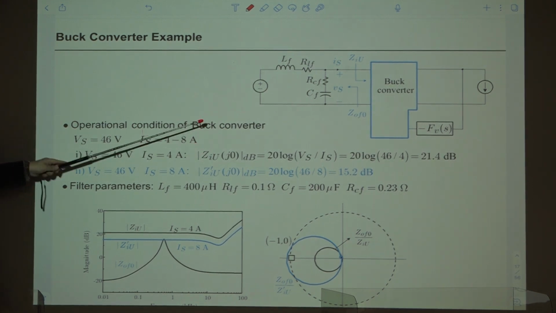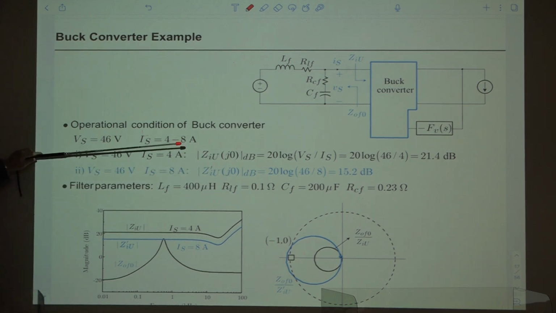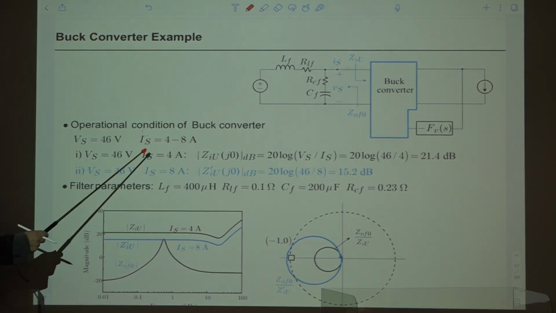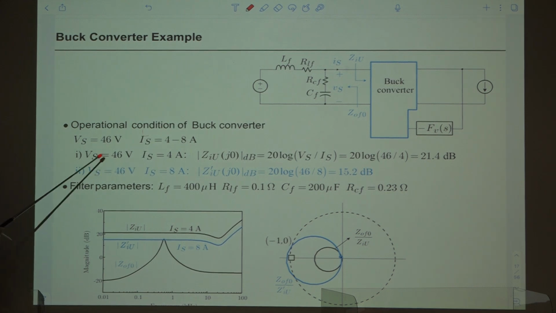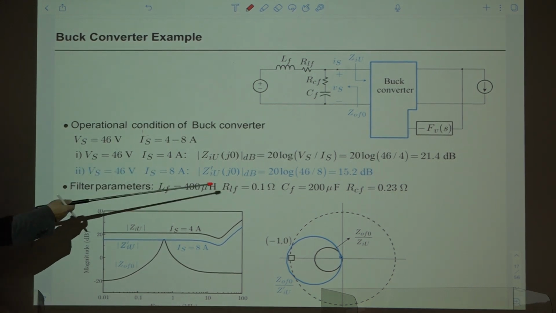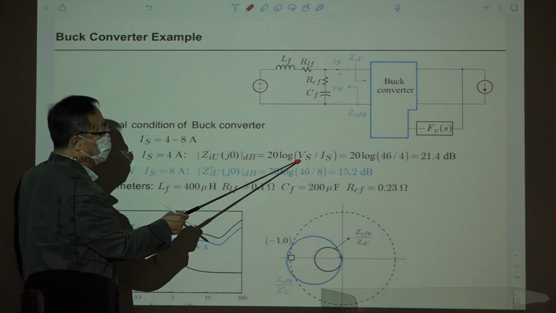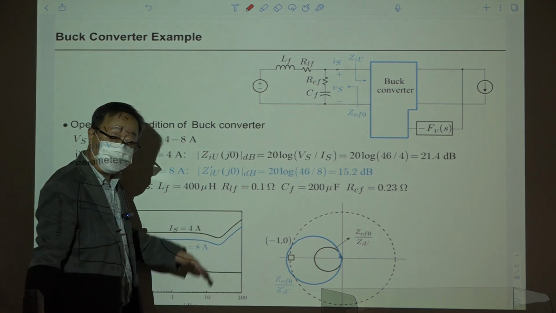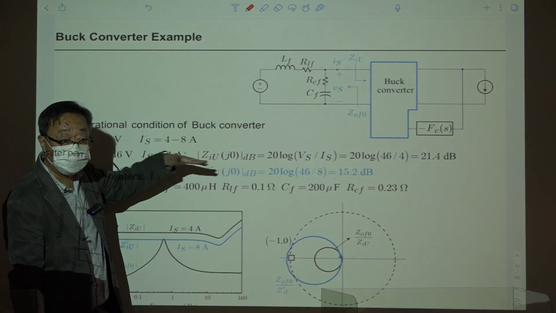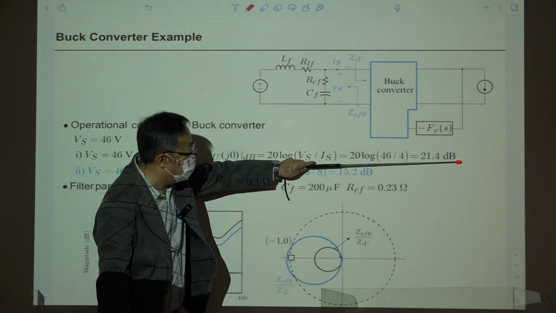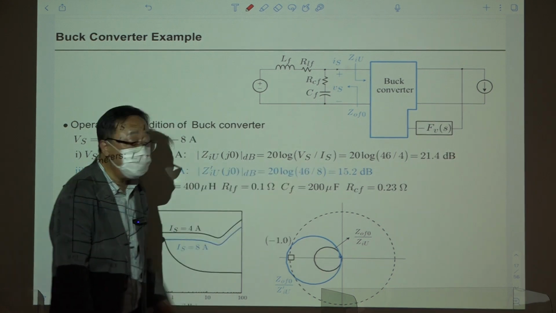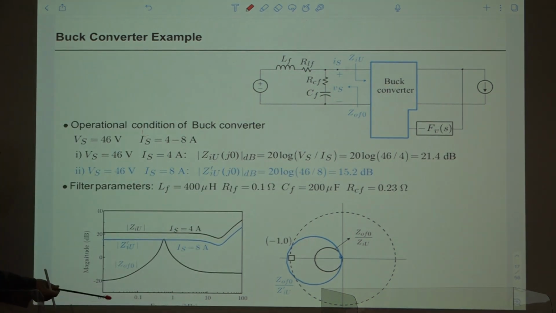Input voltage here is 46 volt, and the DC current is in the range of 4 to 8 amp. So for this case, Vs is 46 and Is is 4 amp. Then this value, 20 log Vs divided by Is, the magnitude of the low frequency asymptote of impedance, is 21.4 dB.